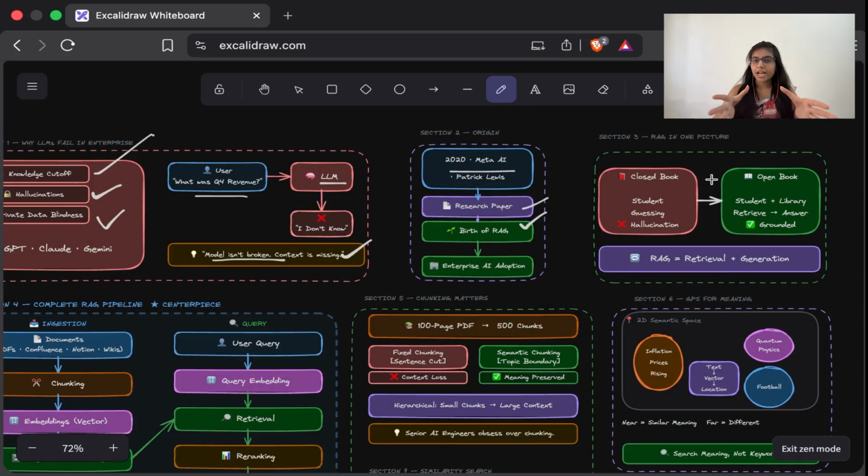Let's understand RAG with a simple analogy. Think of a base language model as a brilliant student who has studied millions of books, documents, websites, and articles. They understand language, reasoning, and patterns incredibly well. But during the exam, they are not allowed to touch even a book, note, or document.